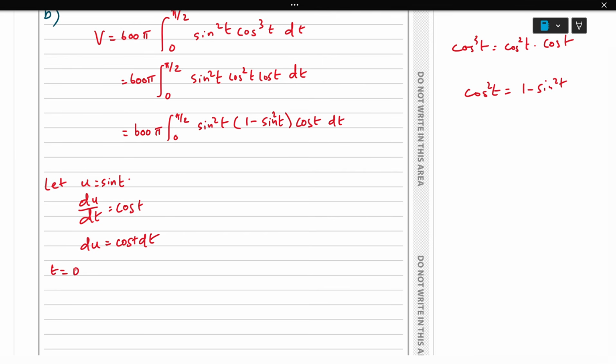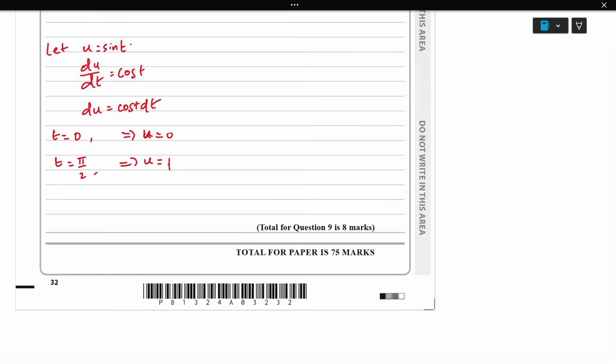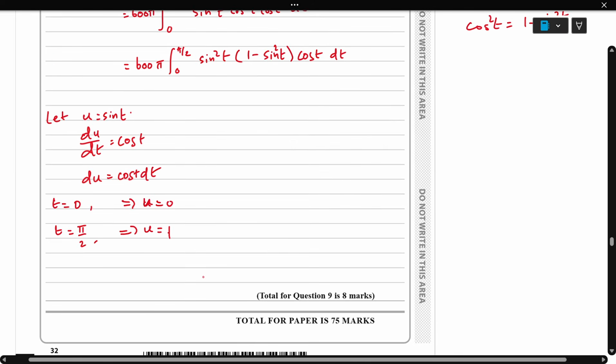When t equals 0, u is 0, because sin of 0 is 0. When t equals pi by 2, u becomes sin of pi by 2, which is 1. So we got the limits, which are 0 to 1.